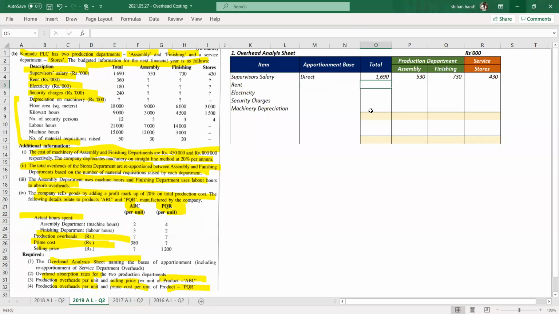Rent is 360 total, and you have to select the apportionment base.